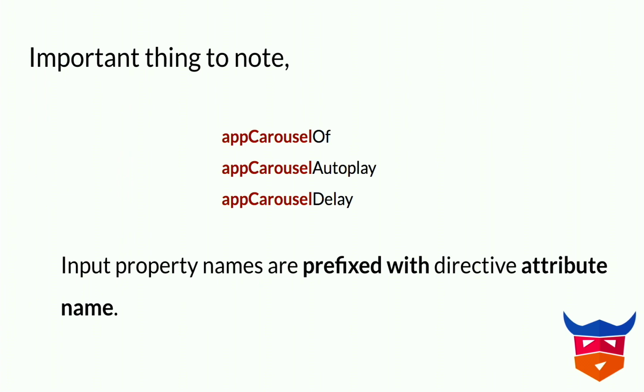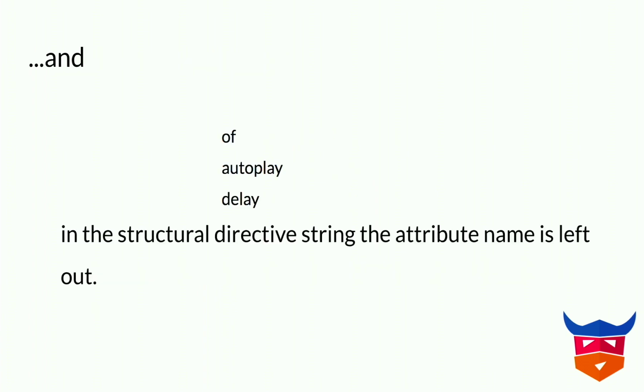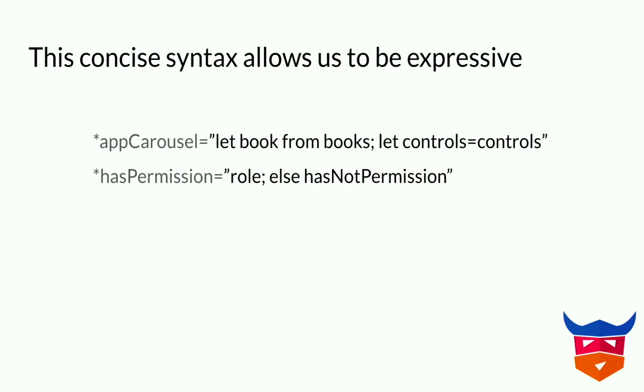One of the important things I want to highlight about input properties is that the input property names are prefixed with directive attribute names, and then when used in the microsyntax, the directive attribute names are left out. So we have a more concise syntax, which allows us to be quite expressive.